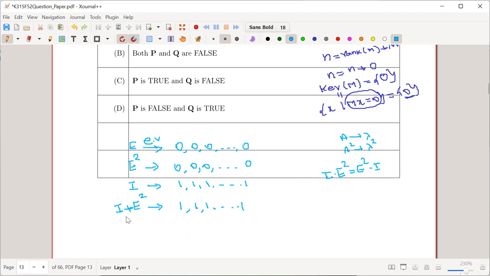So every eigenvalue is non-zero. Therefore, the determinant of I plus E square, the product of the eigenvalues, is 1, a non-zero number. Since the determinant is non-zero, the matrix I plus E square is non-singular.